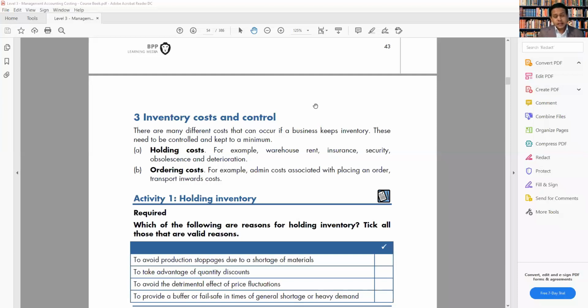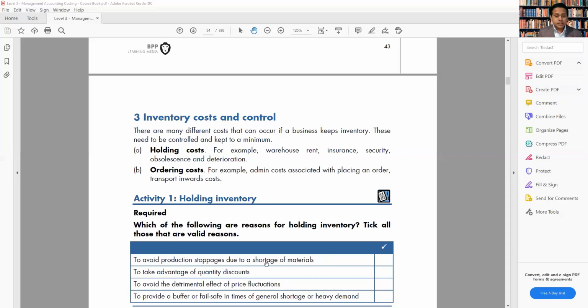For example, if you order 100 kilo raw material, maybe the holding cost will be less, but the ordering cost will be higher. Maybe the demand is not that high, and you order a lot of quantity at the same time. So there is a lot of reason that you have to consider before we buy the inventories.